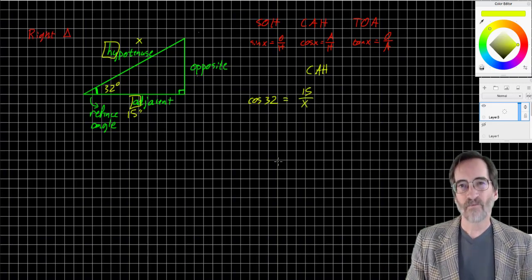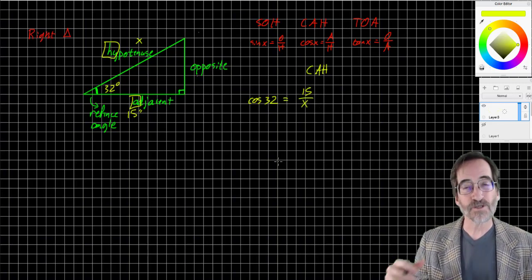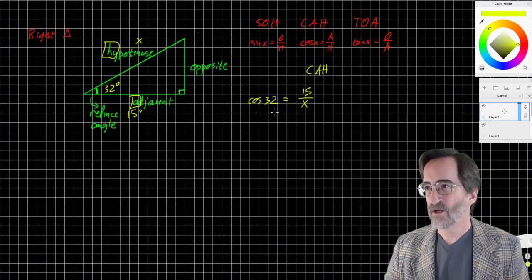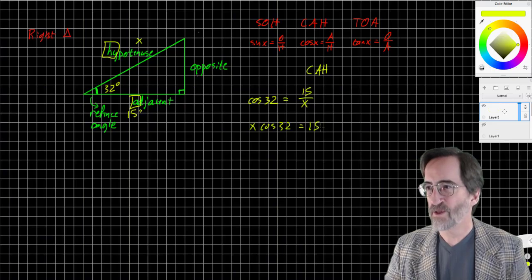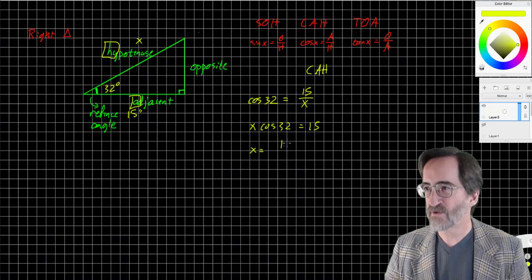Now, I'm going to do something in 2 steps, but I want to show you how it can be shortened. I'm going to multiply both sides by x, and then I'm going to divide by cosine 32. x equals 15 divided by cos 32.